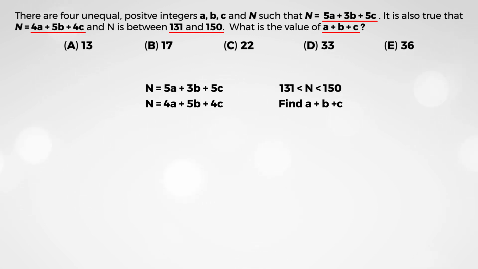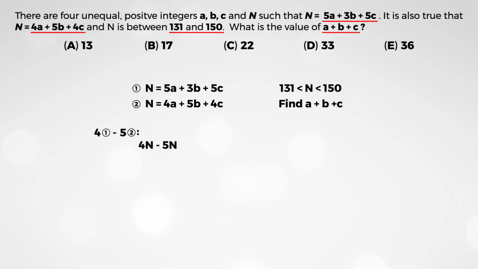All right, I'll call this equation 1 and I'll call this equation 2. So I'm going to try to see if I can eliminate anything to solve for something. And I believe if I do 4 times 1 minus 5 times 2, that's going to help me. So on the left side, I'll have 4n minus 5n.